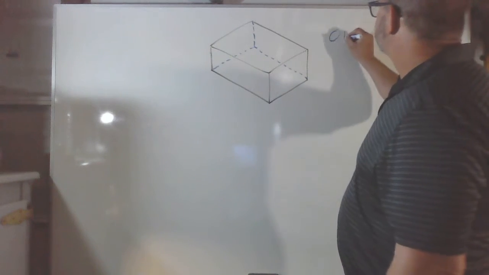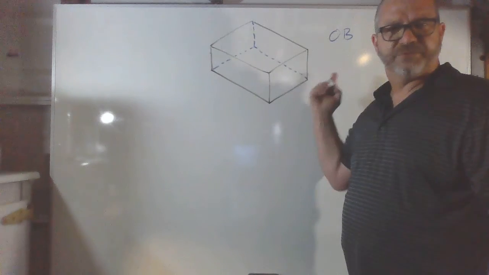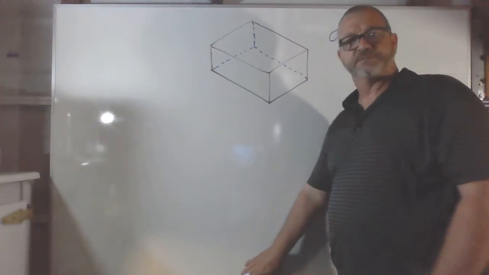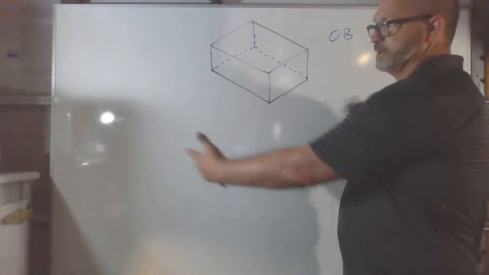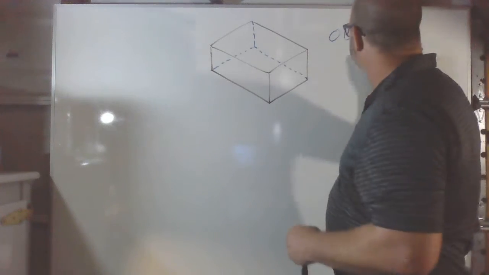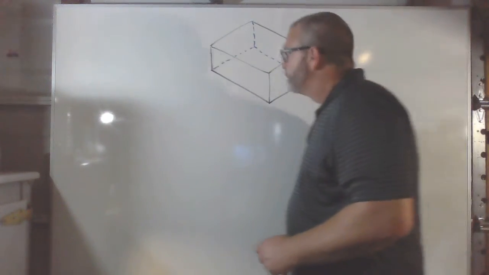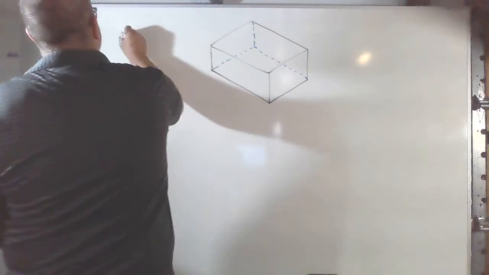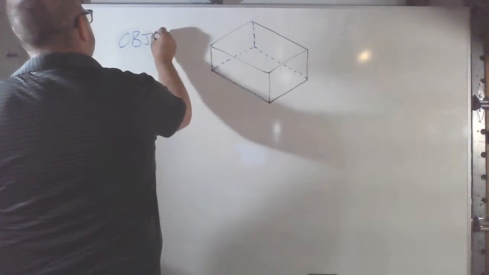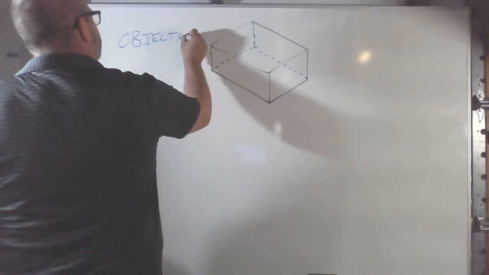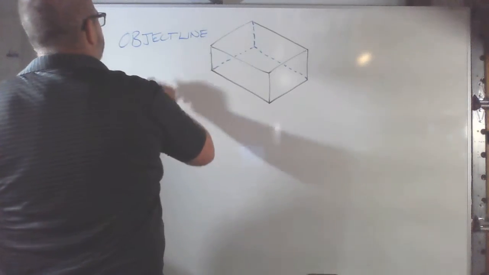So you have the object line. I shouldn't put that there. I should put it over here because my head's going to be in the way, and it's only a 6-foot whiteboard. The object line.